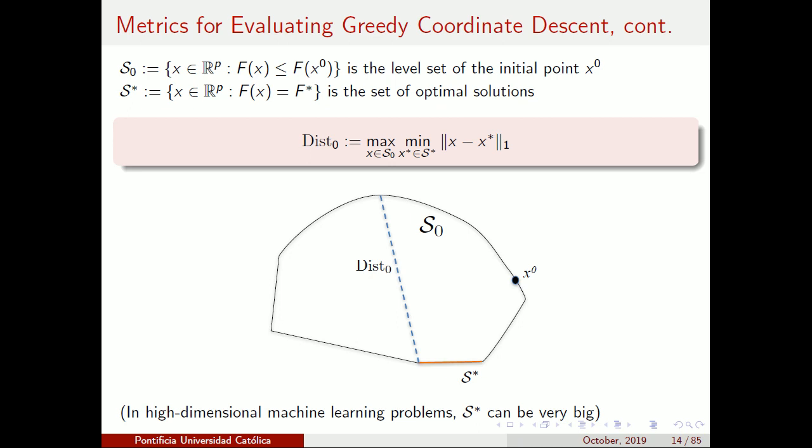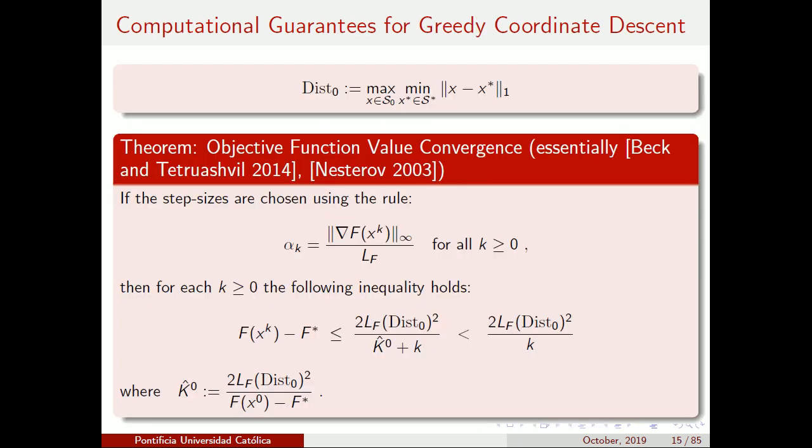Okay? All right. So here's a result, maybe due to Amir Beck and Marc Teboulle, maybe Yuri Nesterov, whatever. So watch this. To Sergio's point, if I set my step sizes at each iteration to be the infinity norm of the gradient at that iteration divided by that Lipschitz constant, then for each k the following inequality holds.